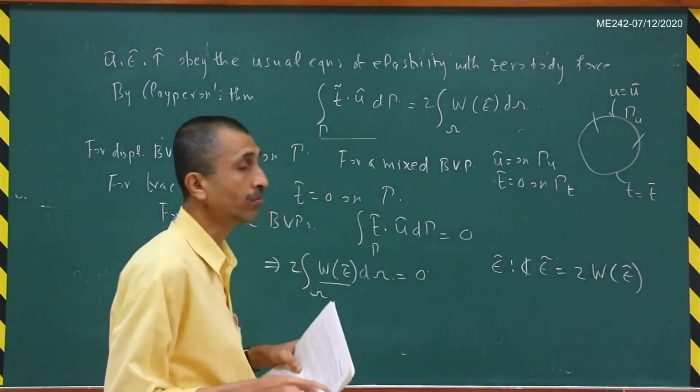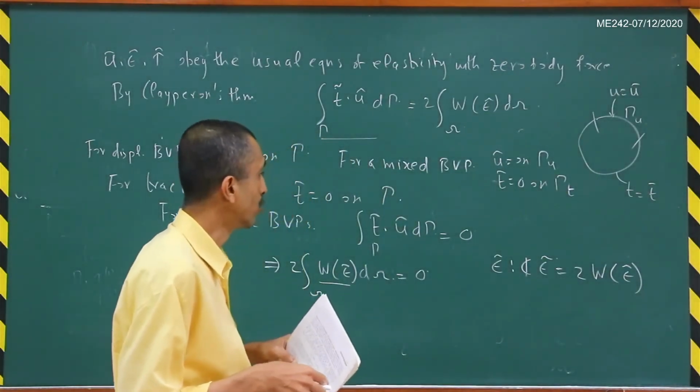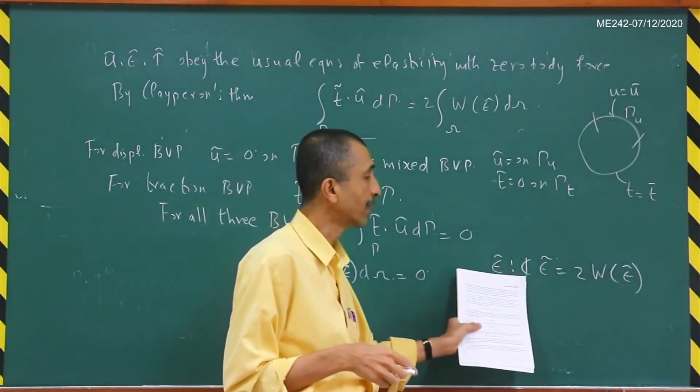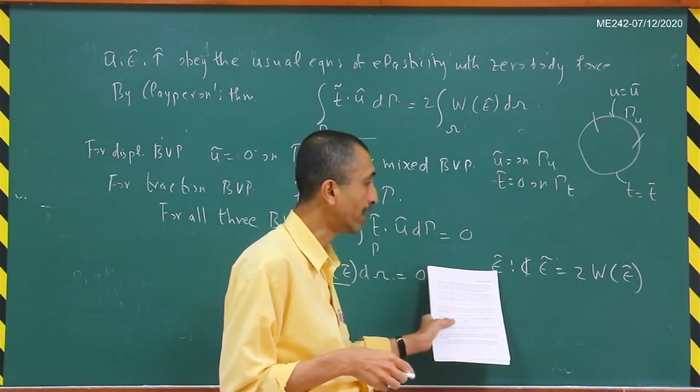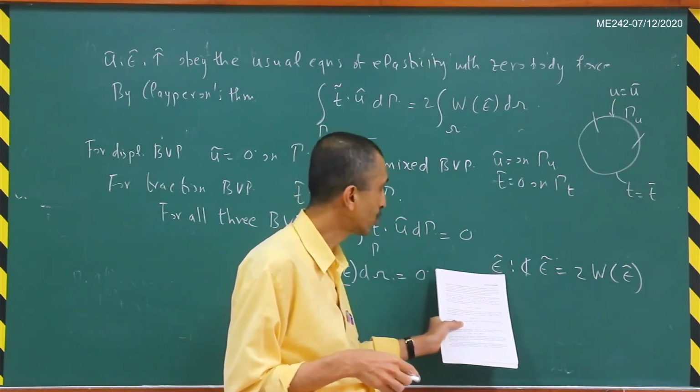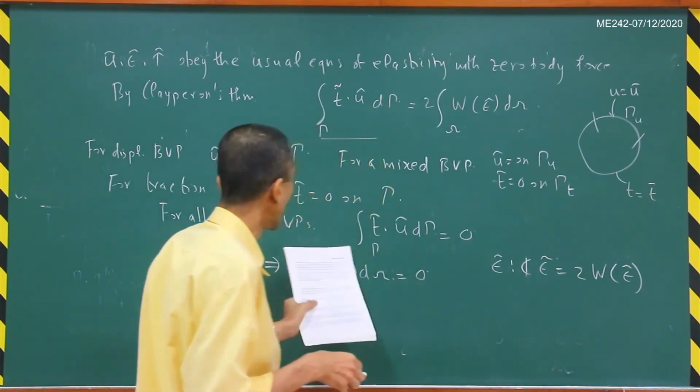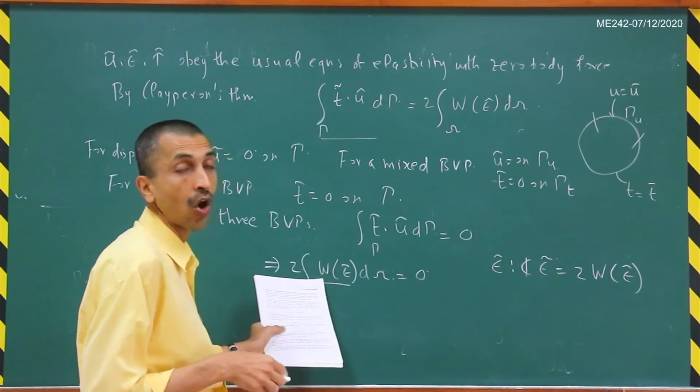If you recall, we have assumed that C is a positive definite function, and we know that epsilon tilde is symmetric, right? And so this whole quantity is a non-negative quantity.